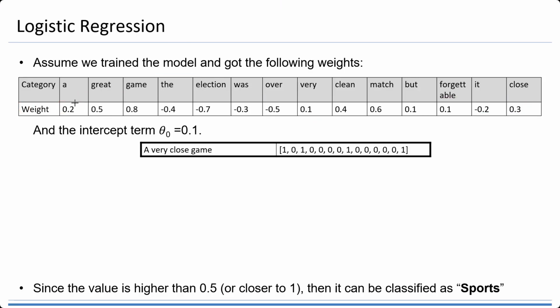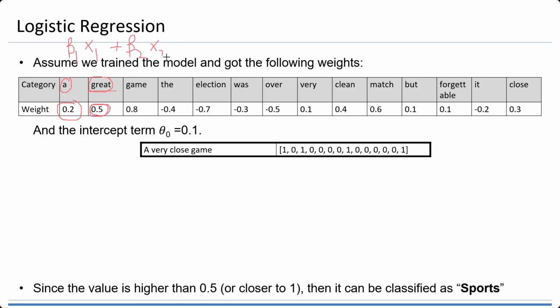So we have the weight 0.2. We have the word great. The weight is 0.5. So we call this the beta. So the beta 1, and this we can represent with the x1. Let's say this is great. So we have the beta 2, which is 0.5.